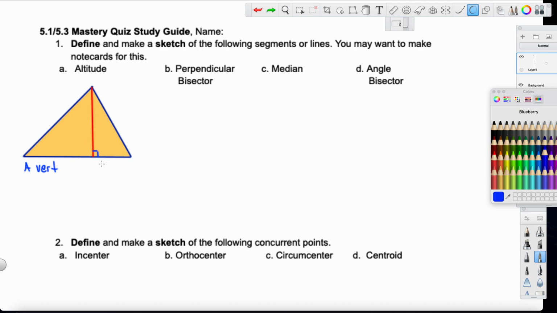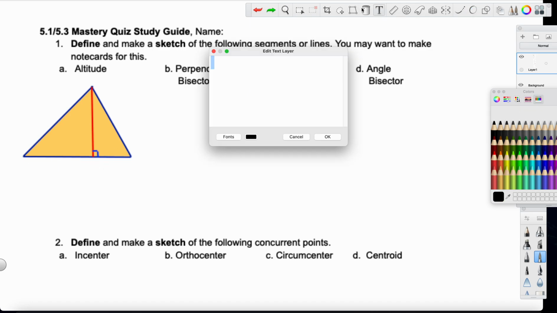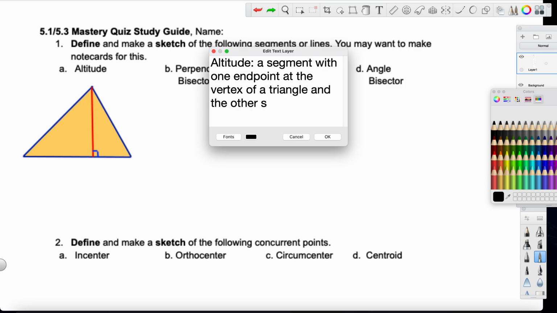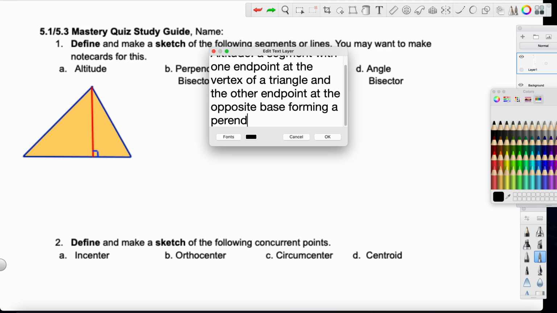to, so let's write it better here. It is, let's see, altitude, a segment with one endpoint at the vertex of a triangle and the other endpoint at the opposite base, forming a perpendicular, or I could say 90 degree also.